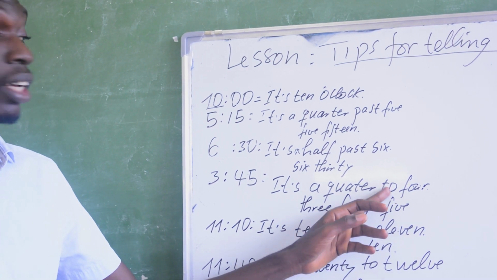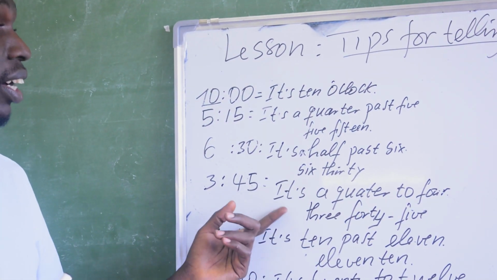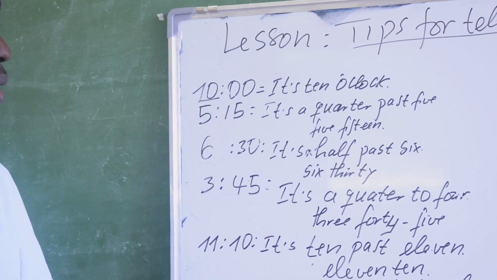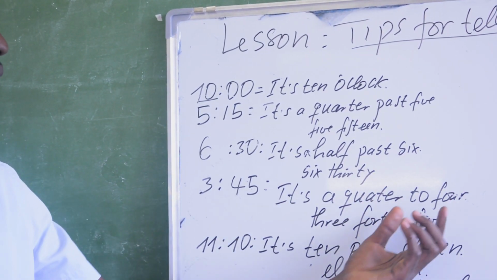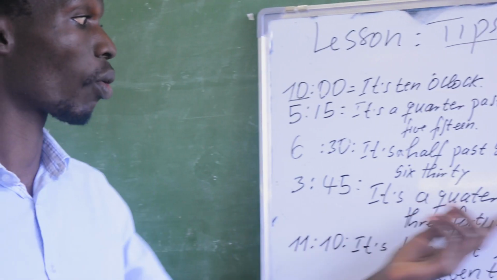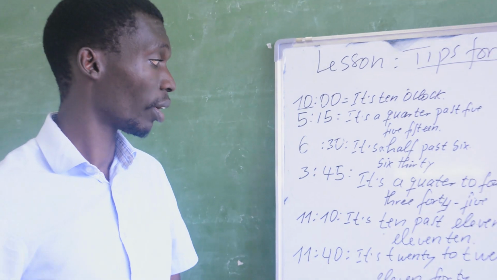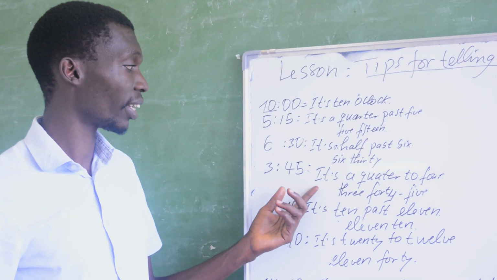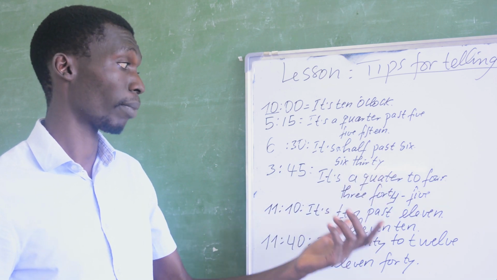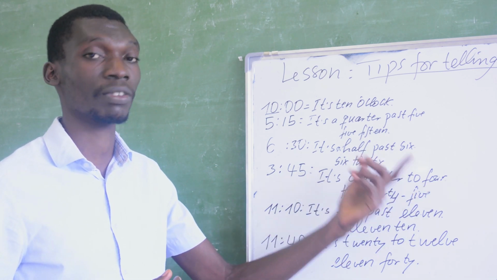So when telling time, you say it's a quarter to 4. We are about to get to 4 o'clock. Is that understood? It's a quarter to 4. You cannot say it's 15 minutes, it is 45 minutes past 3. No. But here we usually say it's a quarter to 4.